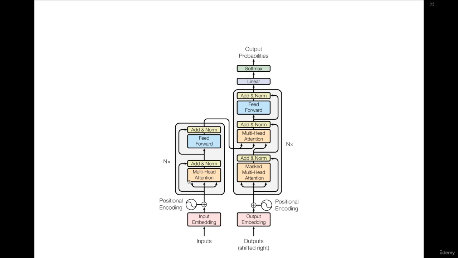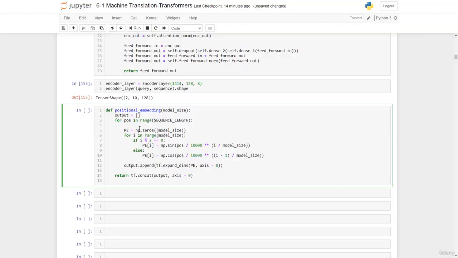Now in our encoder, we shall also include the positional encoding, such that once we get an input, we add that positional encoding, and then we have the different encoder layers which come up. So here we have our positional encoding function, which takes in the model size, and then for all the different positions, we're going to repeat the steps.